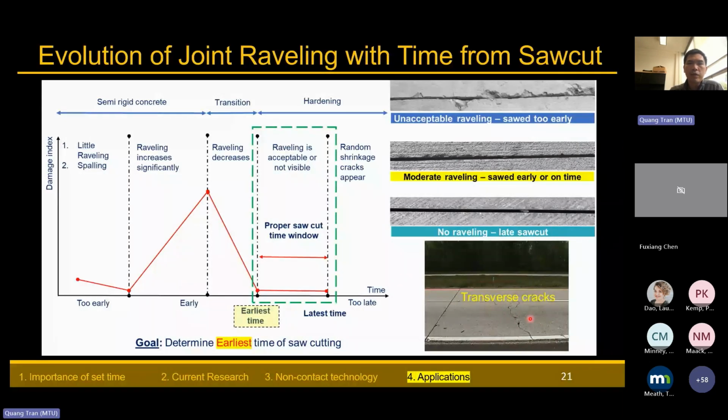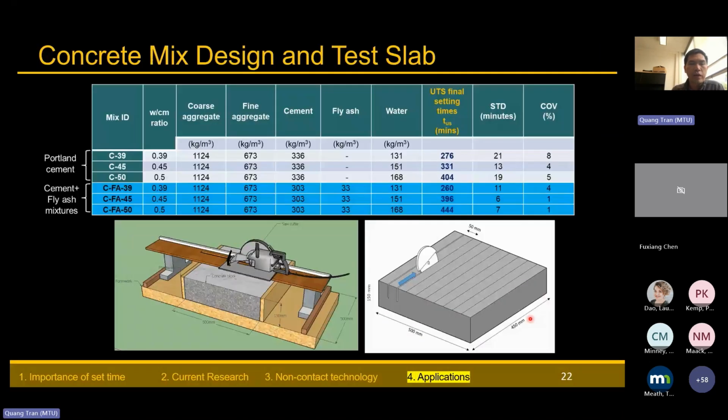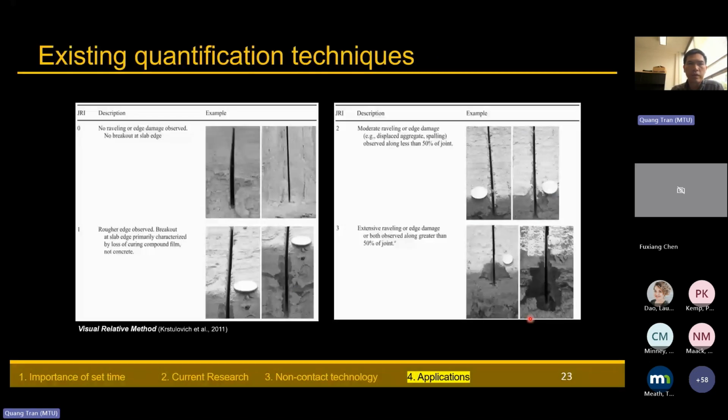So we have to do something to know the time that we need to saw cut, which means we have to evaluate the quality or the spalling damage after we do the saw cutting. But the existing quantification techniques we have so far are not really quantitative.